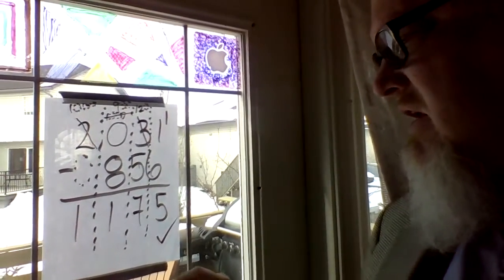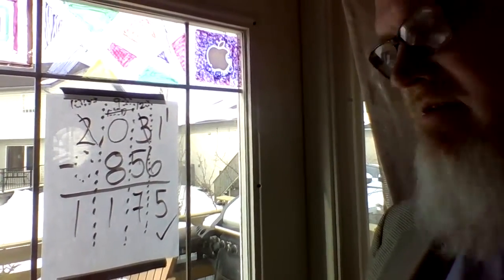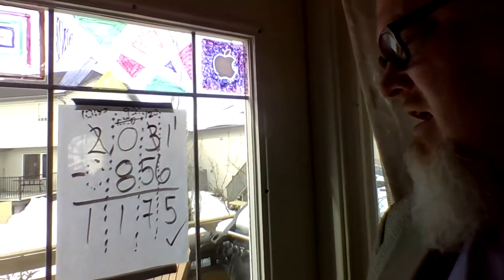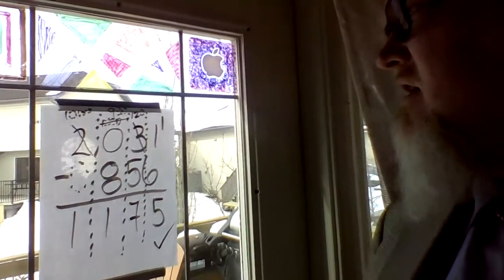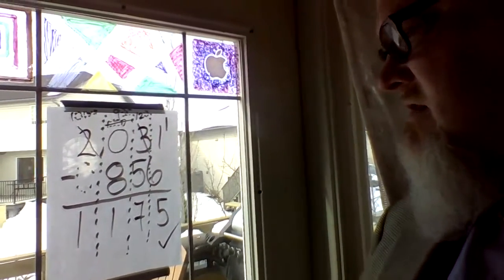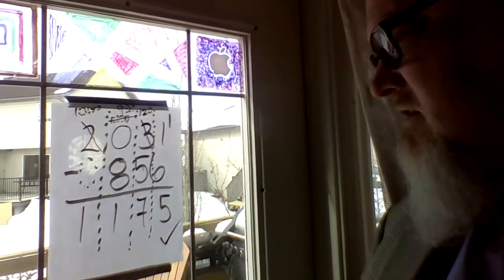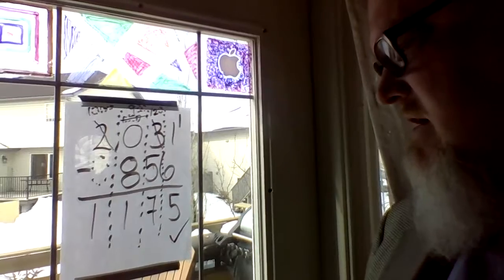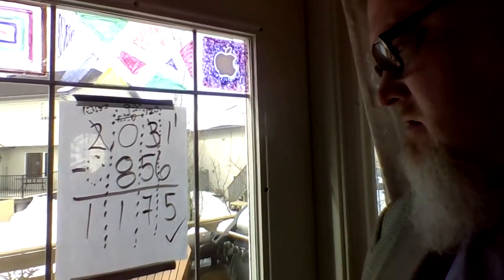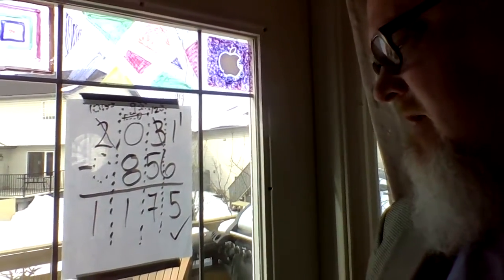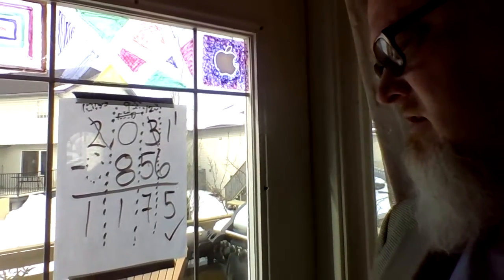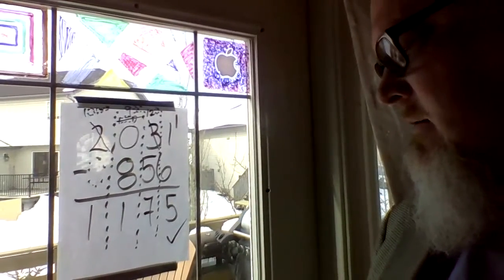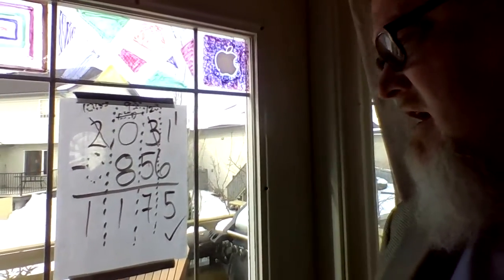Regroup. 7, 8, and 13. 13 there, and then regroup, and 800 plus 100 plus 100 is 1,000, and then we regroup another 1,000 over to the thousands column. 1,000 plus 1,000 is 2,000. So our answer is 2,031. That is our addition check, and that is correct.